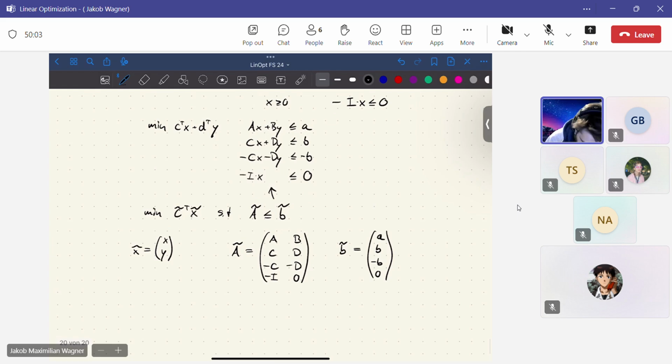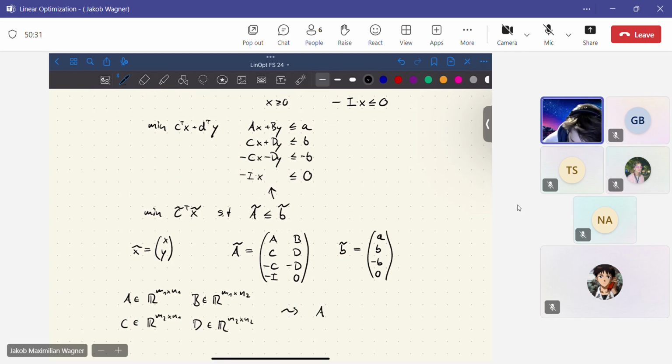And if we have that in the original, A was in R^(m1 by n1), B was in R^(m1 by n2), C was in R^(m2 by n1), and D was in R^(m2 by n2).